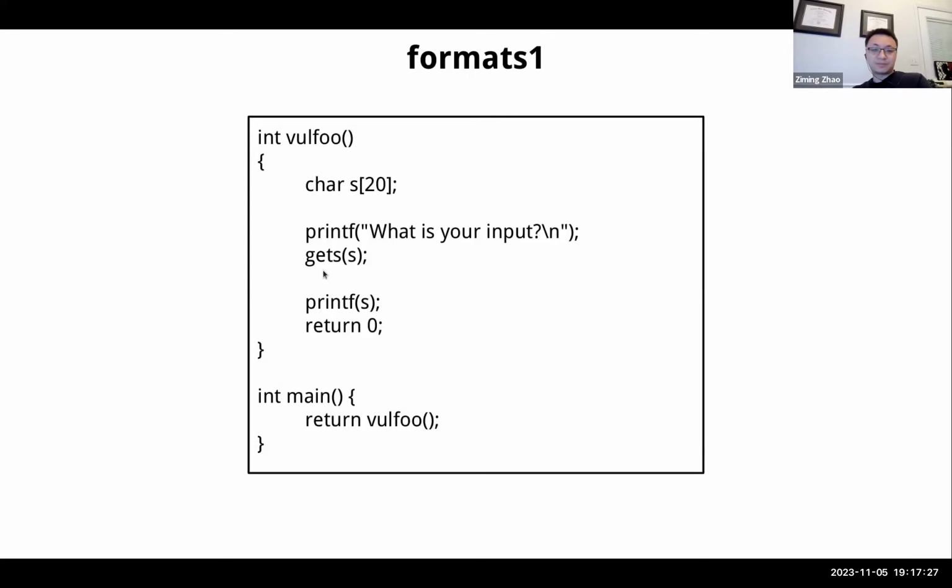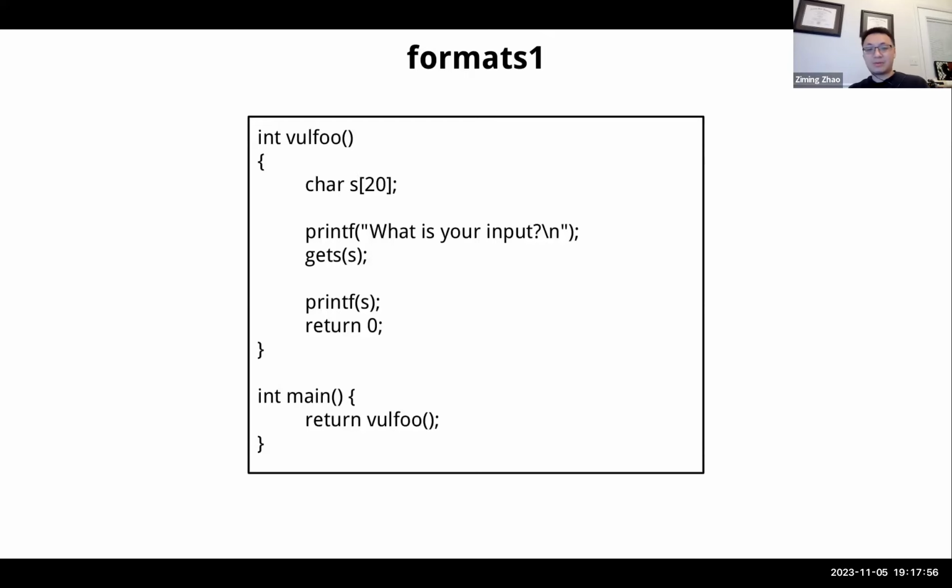Then there is gets, to get from stdin. Of course, first of all, the vulnerability here is you can say there is a buffer overflow, right? The gets may return more than 20 bytes to this local buffer, and that's a buffer overflow. But that can be defeated by a stack canary.